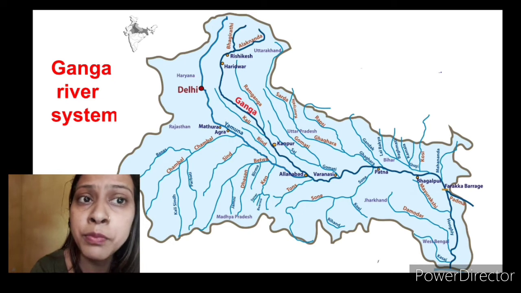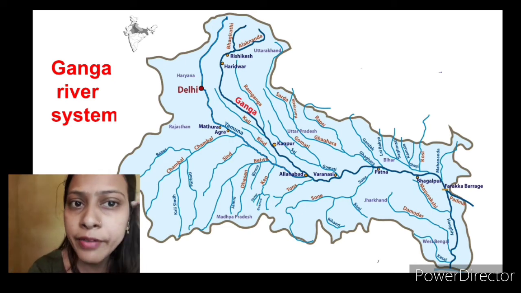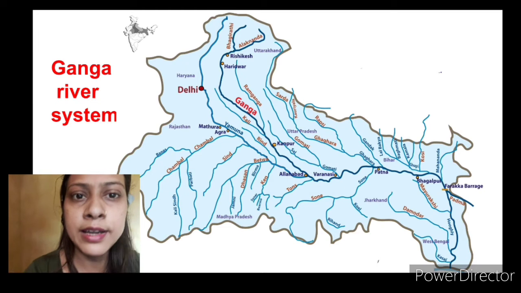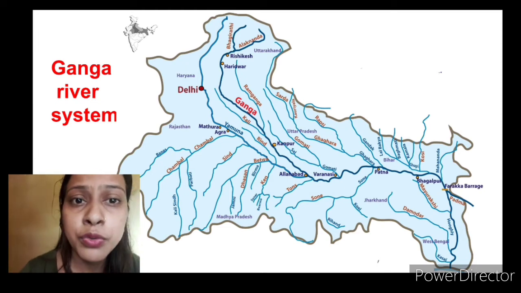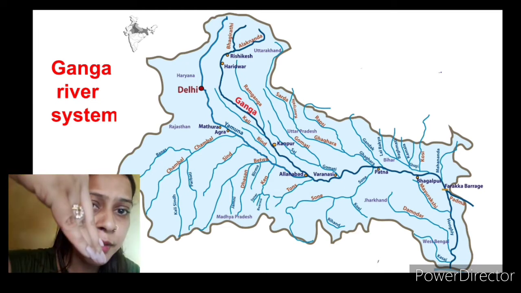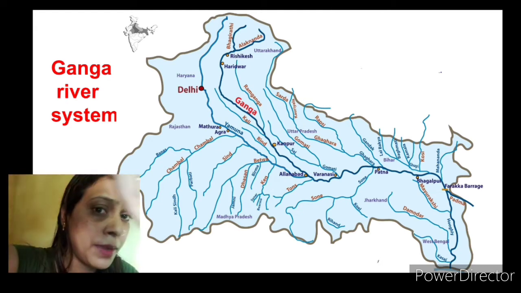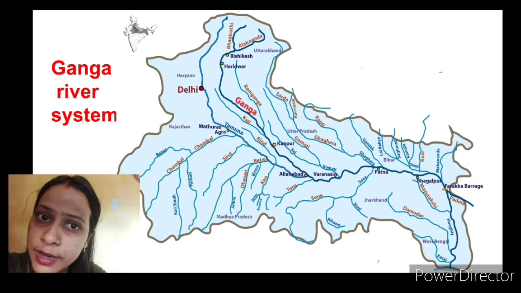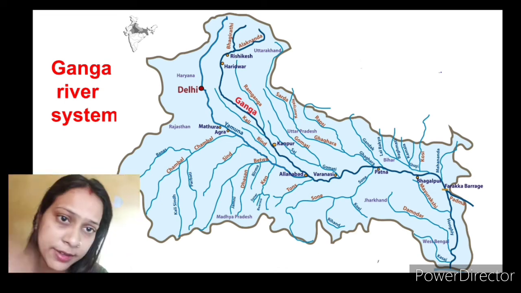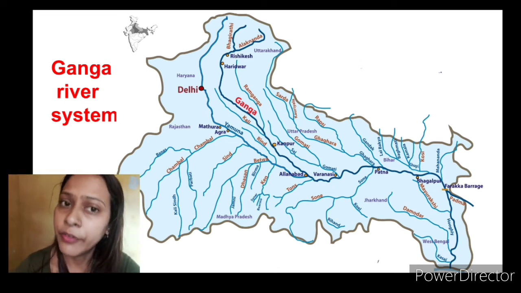And it is the rightmost tributary. Left bank and right bank: if you see the red color Ganga written here, Ganga is flowing in this direction, so you have to stand on this side, and that side will be left bank tributaries and this side will be right bank tributaries.